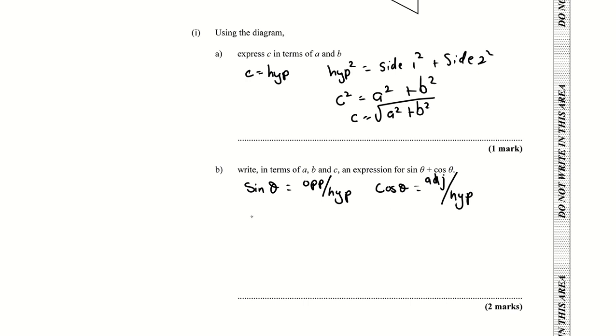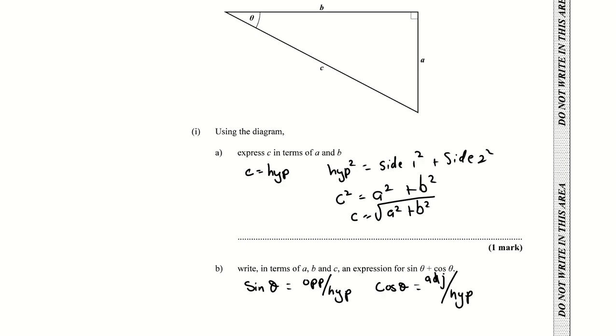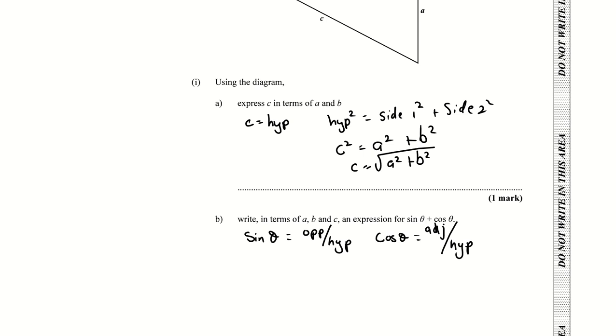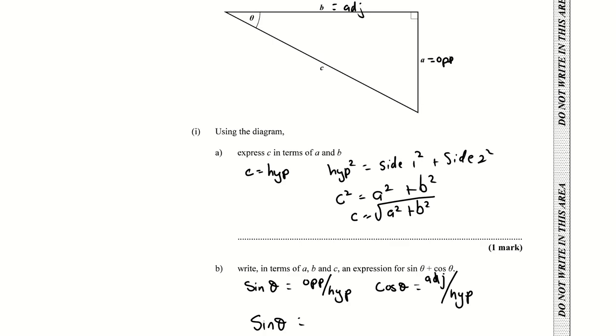Right? So we know that sine theta is the opposite. If they gave you that theta was here, then A is now your opposite, and B would be your adjacent, according to this diagram.